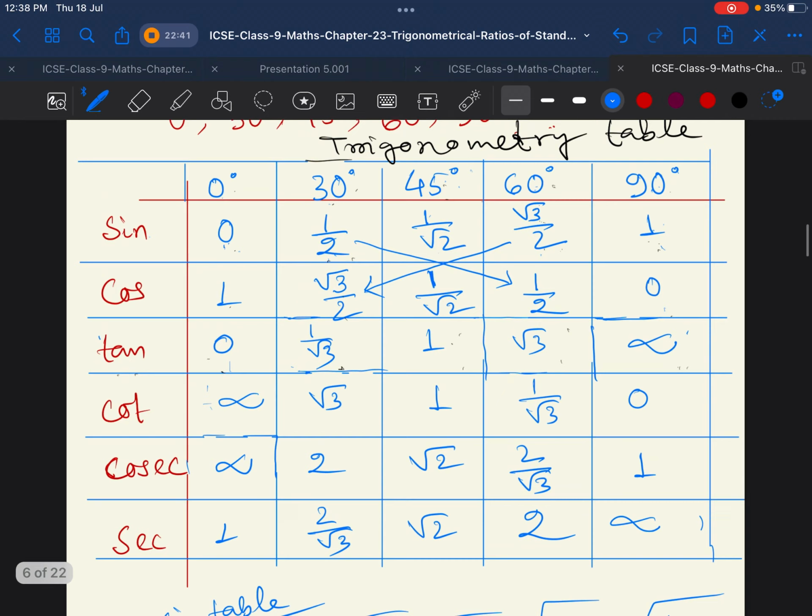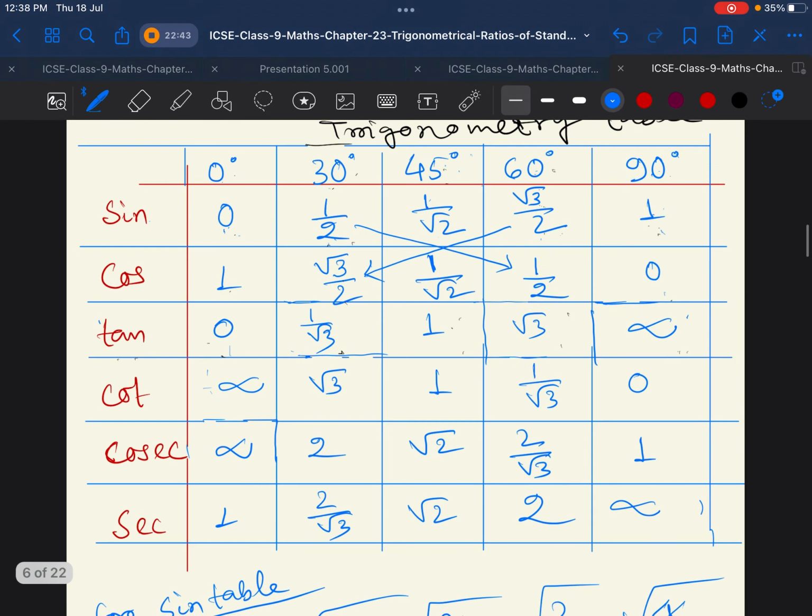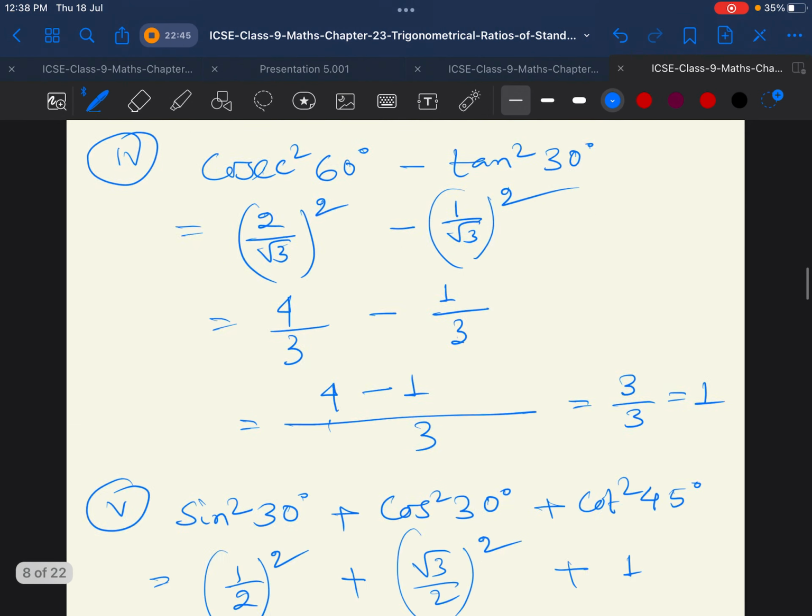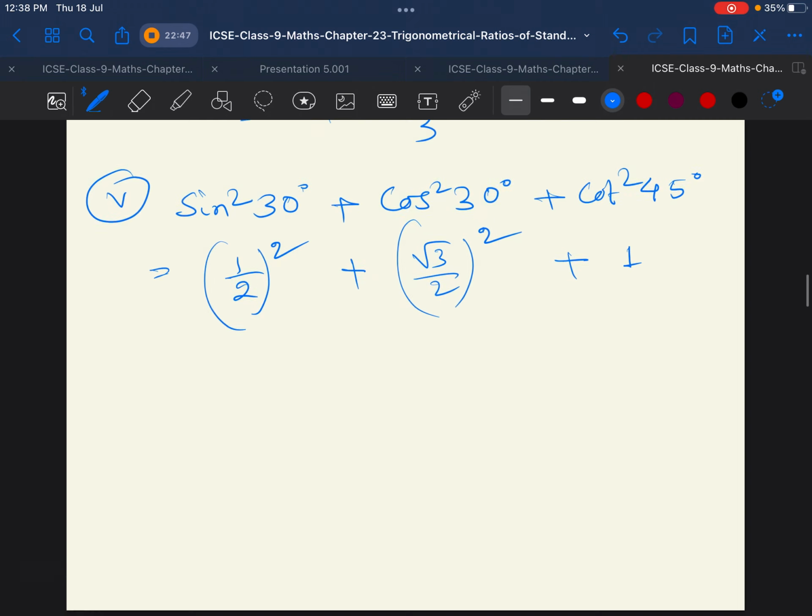Here you see the table, cot 45 is 1. So 1 square is 1, 2 square is 4. Now root 3 square is 3, 2 square is 4, plus 1.